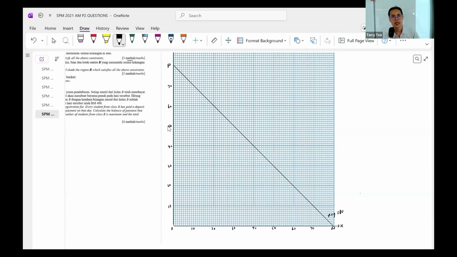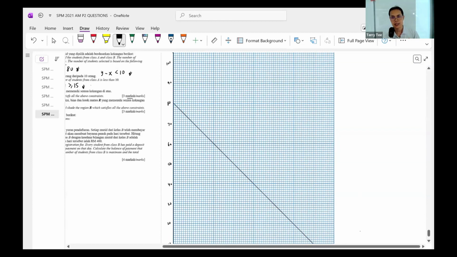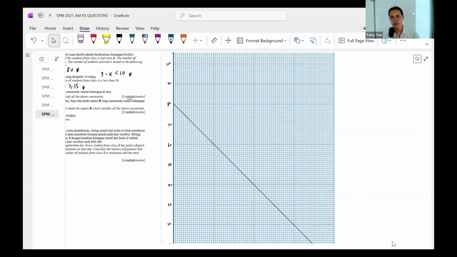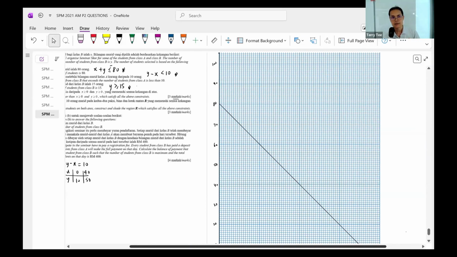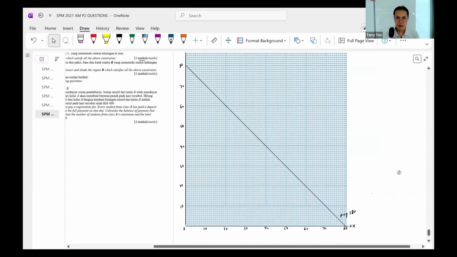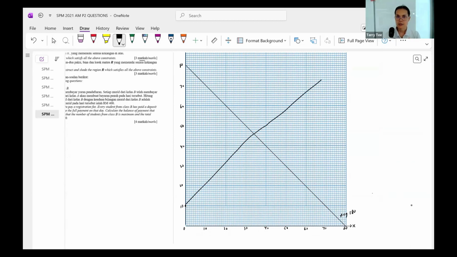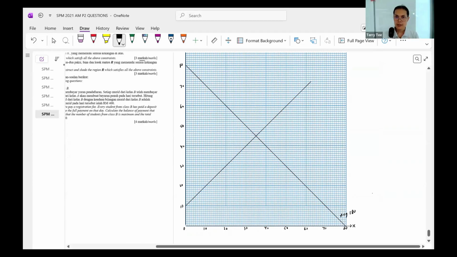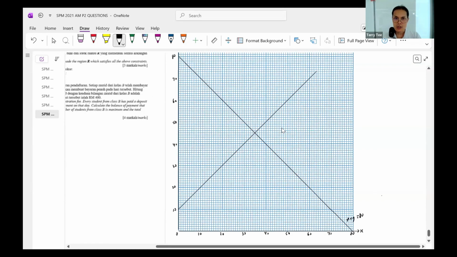Okay, the second one is y minus x equals 10. So I use 0, 10, and 40, 50. 0, 10 is here, 40, 50 is around here. Okay, adjust it. One more time. But one thing about this line, guys, this is supposed to be a dotted line, not a solid line.